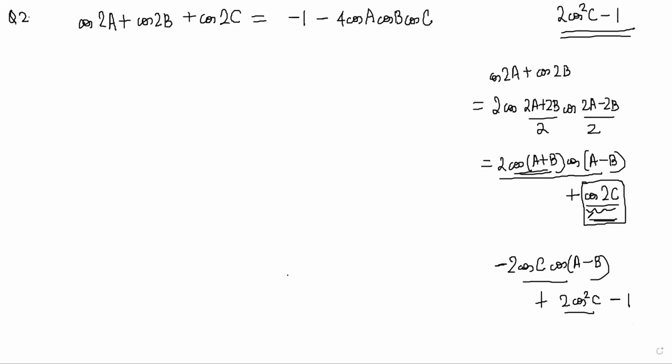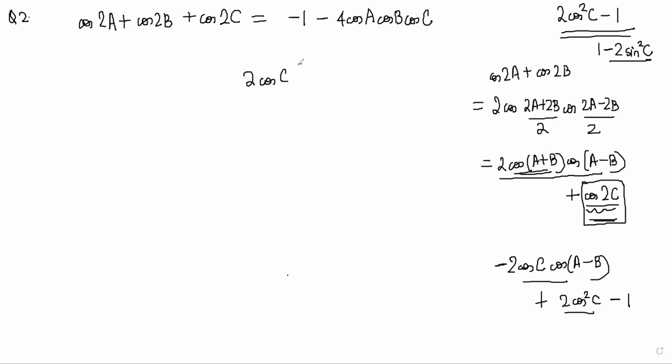Why have I written it like this and not as 1 minus 2 sin square c? Because I want to take 2 cos c common. Now I will take 2 cos c common between these first two terms.